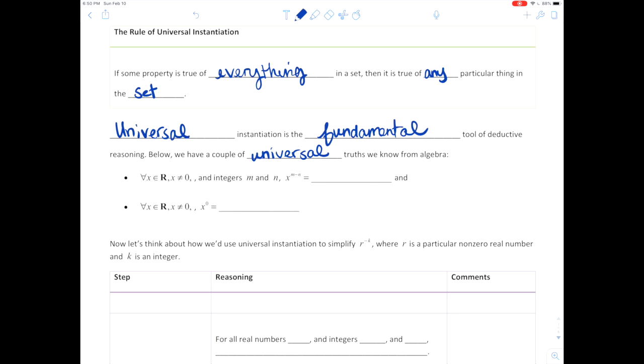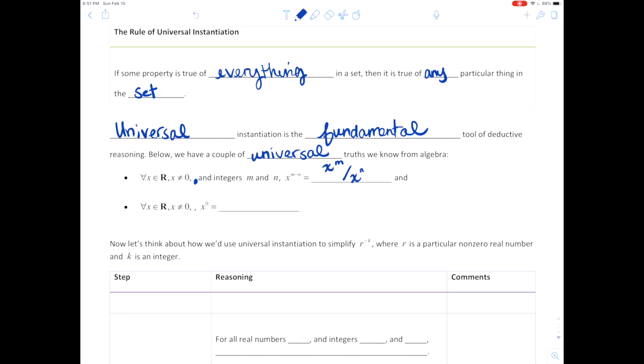Below, we have a couple of universal truths we know from algebra. For any x belonging to the real numbers, x not equal to 0, and integers m and n, x raised to the m minus n is equal to, it's a little backwards from what you're used to, x to the m divided by x to the n.